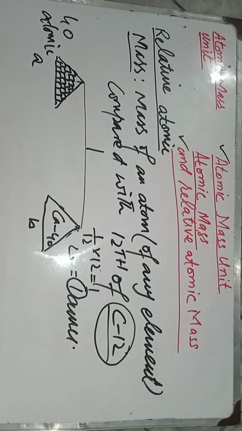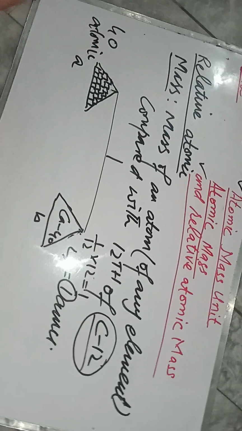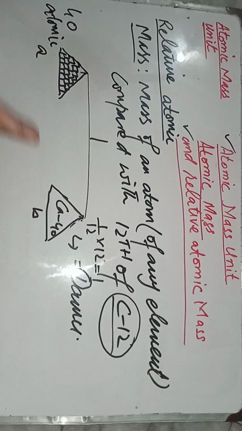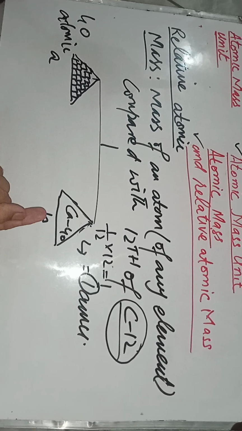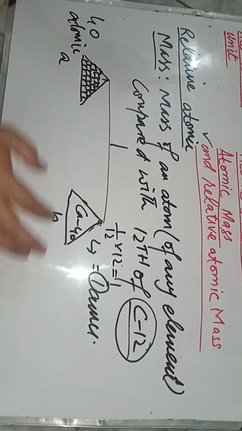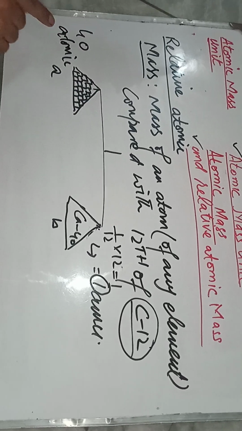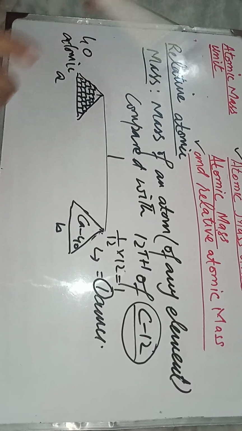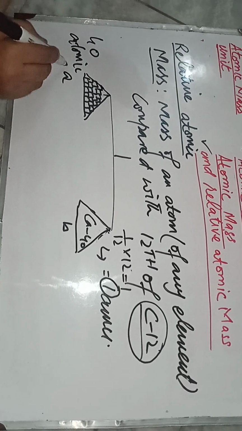This is the comparison. It is not done practically. I am just telling you. If you take one atom of calcium in one pan, in the other pan we will put 40 atomic mass units.